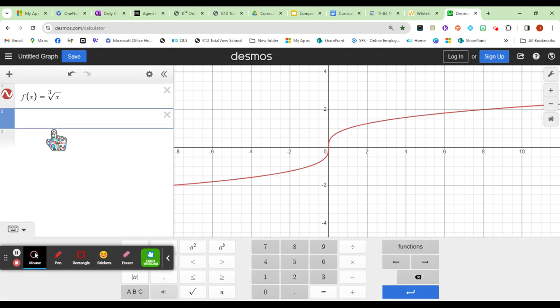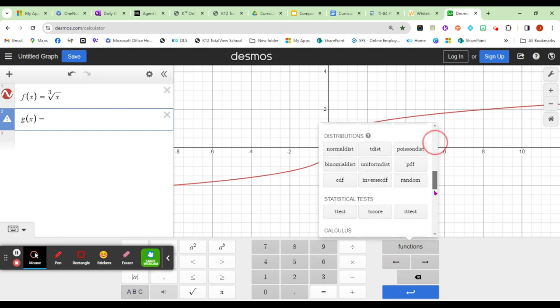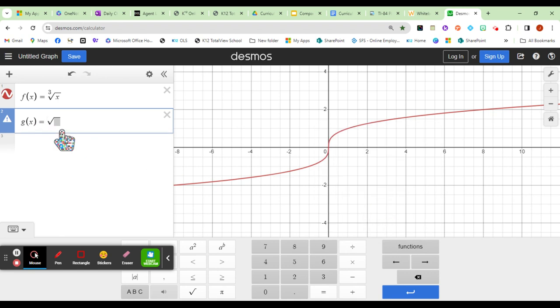And then we could go in and throw in another cube root, and we could put that x + 2 underneath, and we would get the same exact graph, but it would be shifted to the left 2 units.